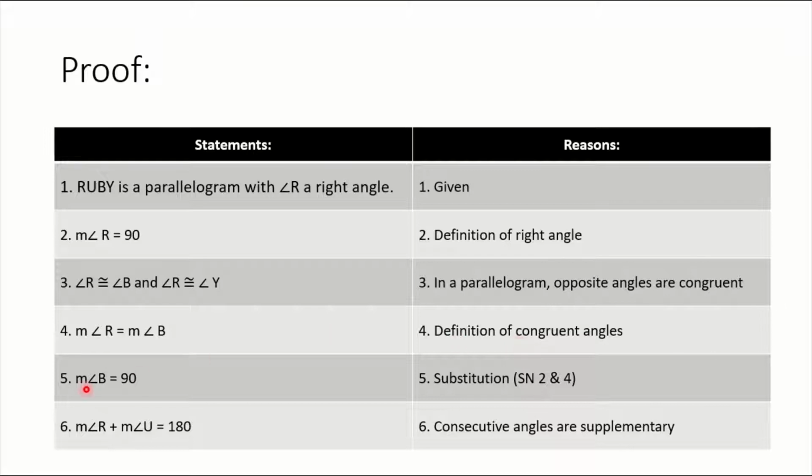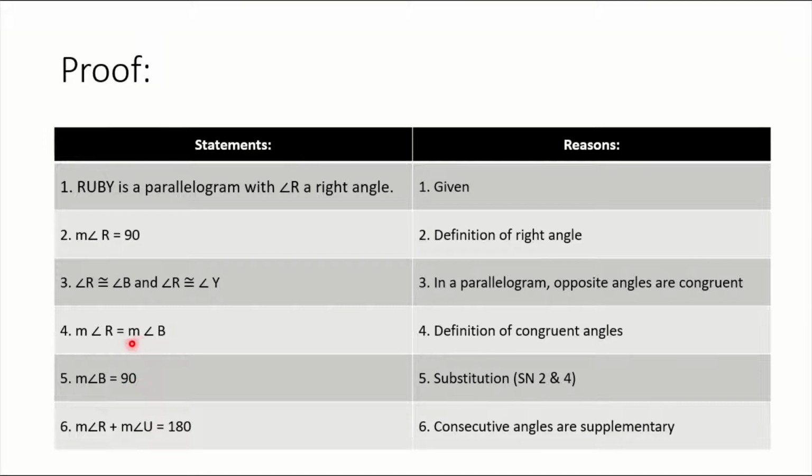So, let's have number 5. The measure of angle B is 90. Since we have said that the measure of angle R is equal to the measure of angle B, what is the measure of angle R? 90 degrees. And that is by substitution of statements number 2 and number 4. Kaya siya naging 90.